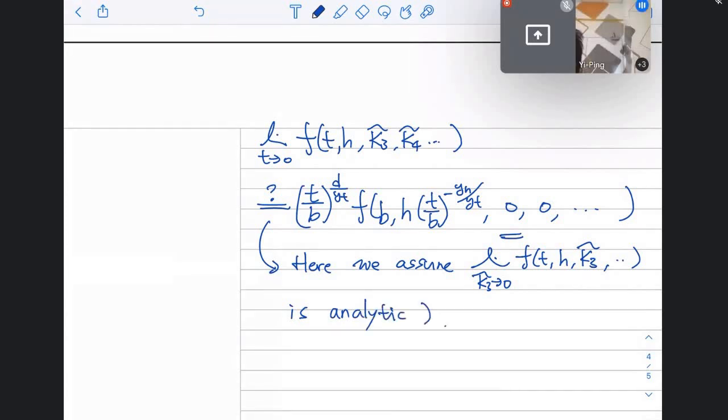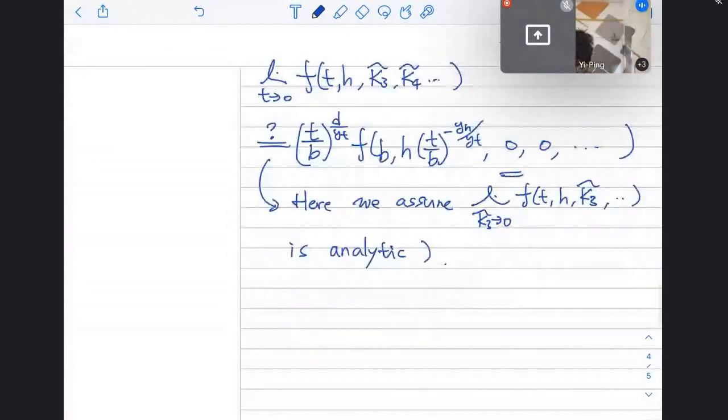But there is no a priori guarantee that it's true, and frequently it is wrong. When you are able to make this simple replacement, then nothing strange is going to happen. But there are cases where f is actually singular, so you are not able to make this type of replacement.